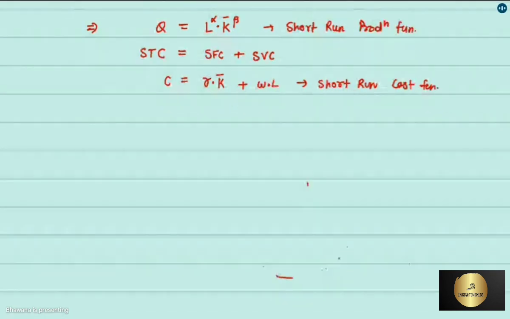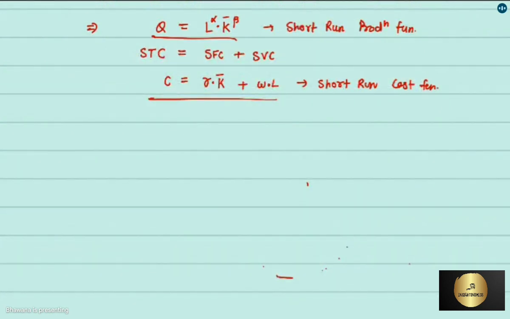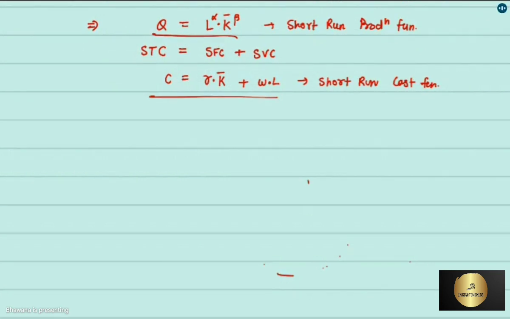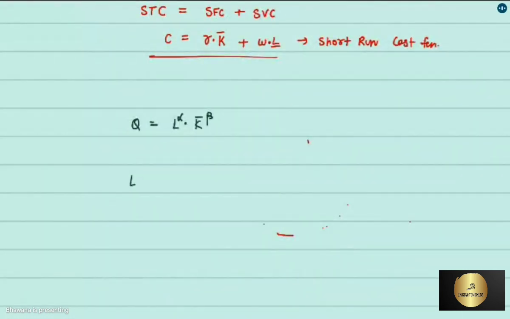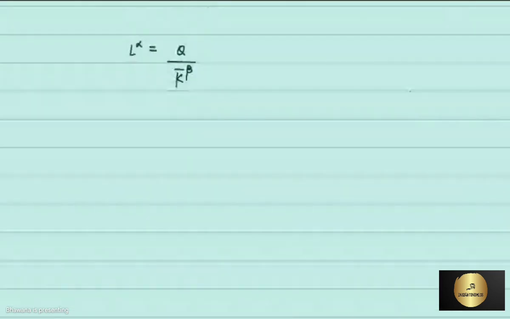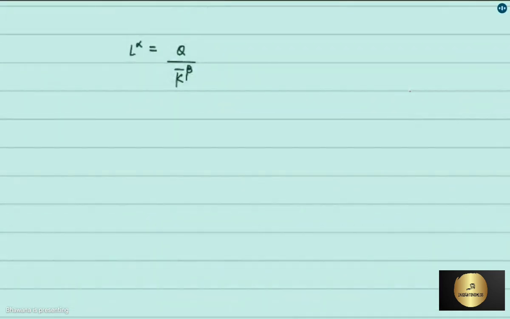Now you have to solve for this cost function using this given production function. Labor is the only variable factor, so you will solve it with respect to labor. You have been given Q = L^α K̄^β, and now you need to solve it with respect to L. L^α = Q divided by K̄^β. Now α is a power, so on the other side it will go to the denominator as a power.